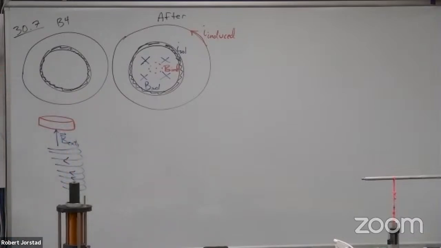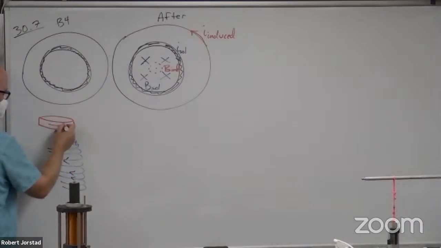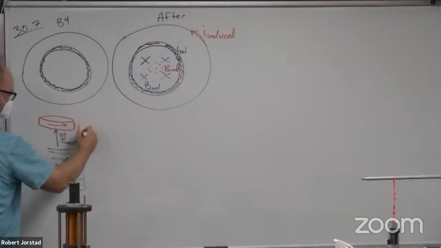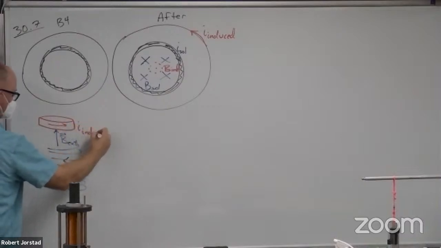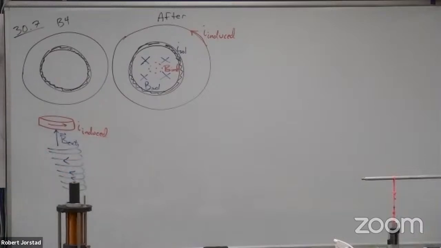And the current's flowing the other way, right? What direction is the magnetic moment associated with this induced current? Think of the magnetic moment as the B field associated with this loop. Which way?